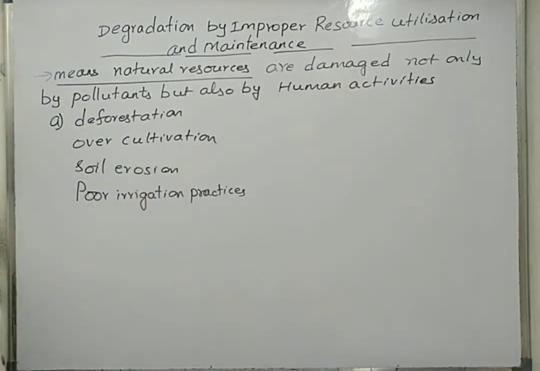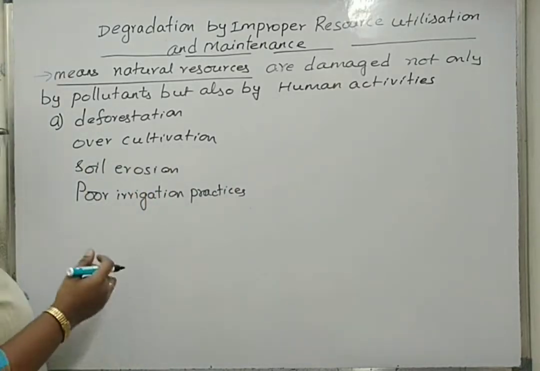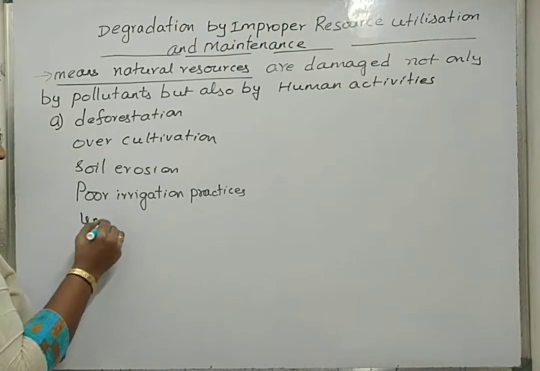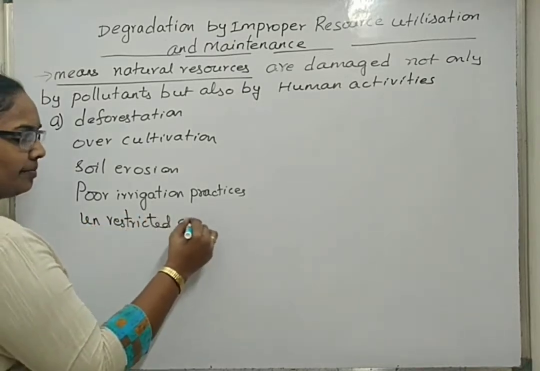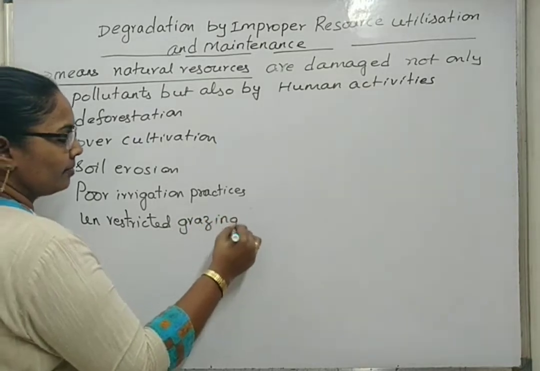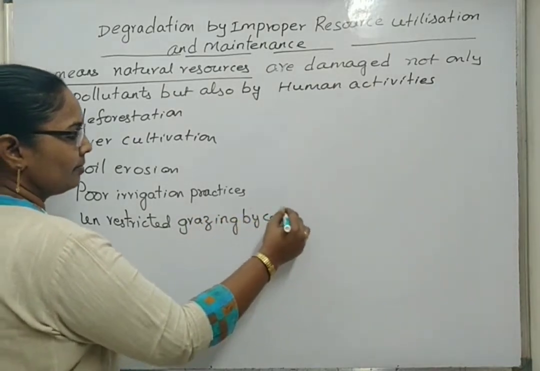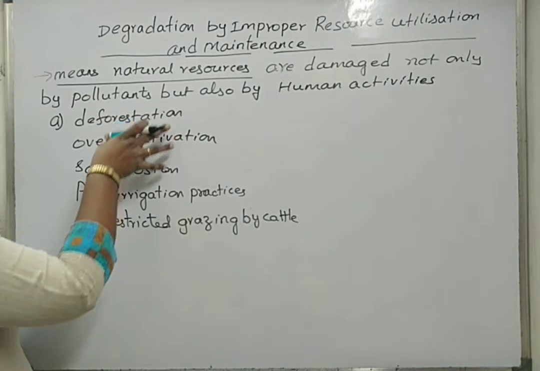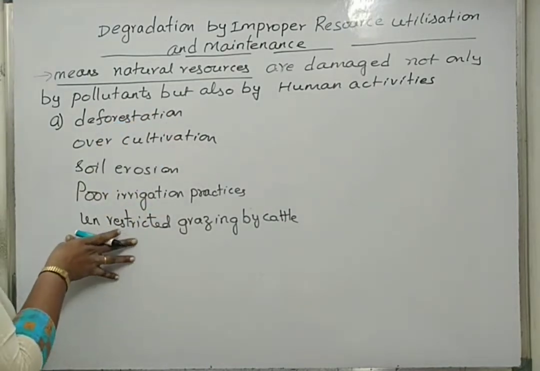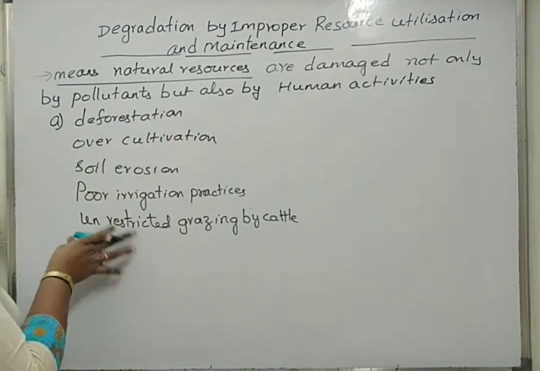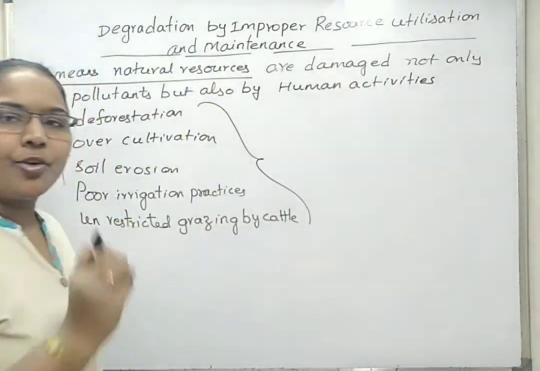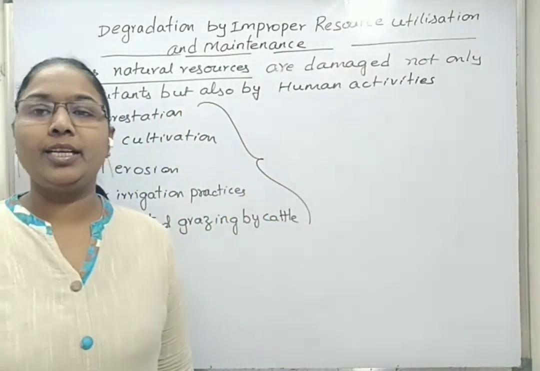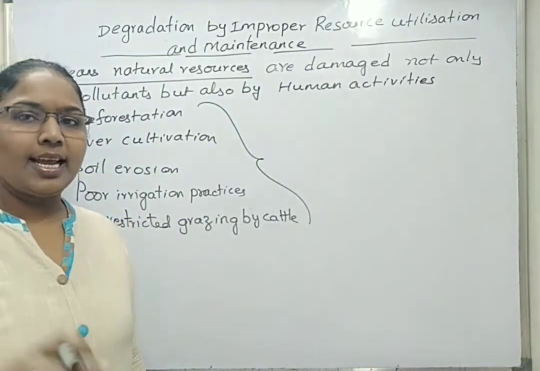And also over or unrestricted grazing by the cattle. All these damaging processes are responsible for the formation of arid patches on the land surfaces.